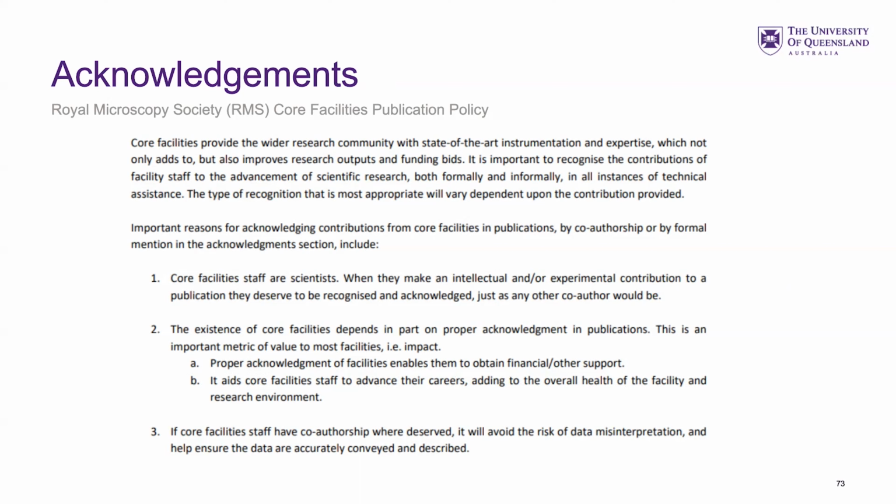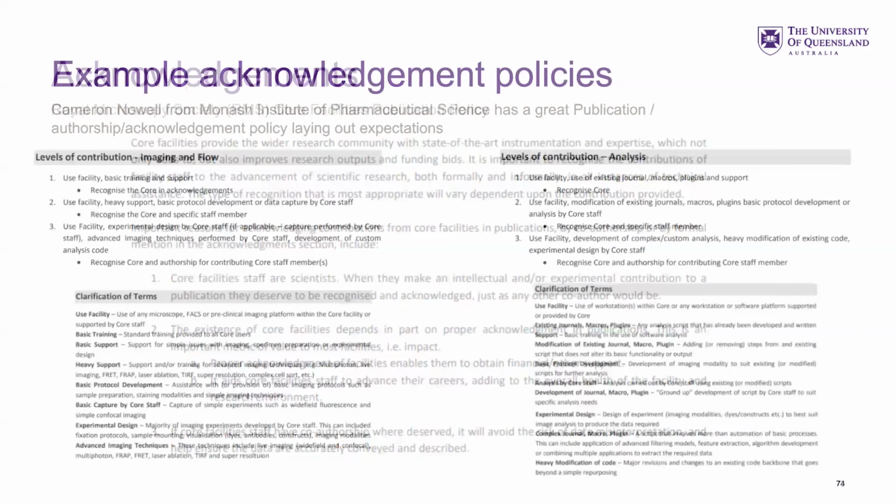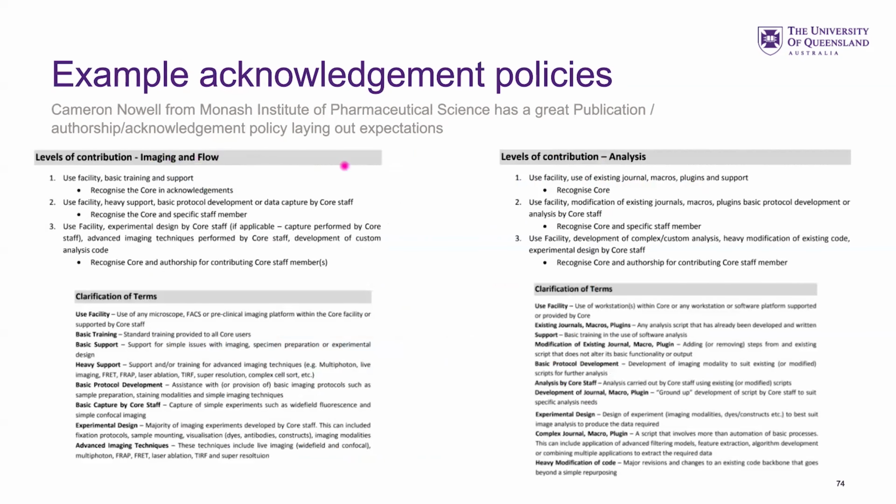I'll admit, I have a grant that's helped by having my name on publications, whether it's an acknowledgement section or as an author. I can say, hey, I deserve this money because what I'm doing is helping other people. So make sure you do that. My colleague from MIPS, Monash Institute of Pharmaceutical Sciences, has a really great document where he talks about what is authorship, what is acknowledgement, saying we used the microscope at MIPS, and things like that.